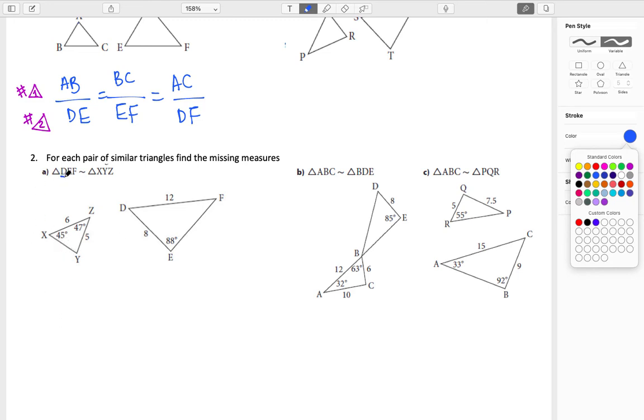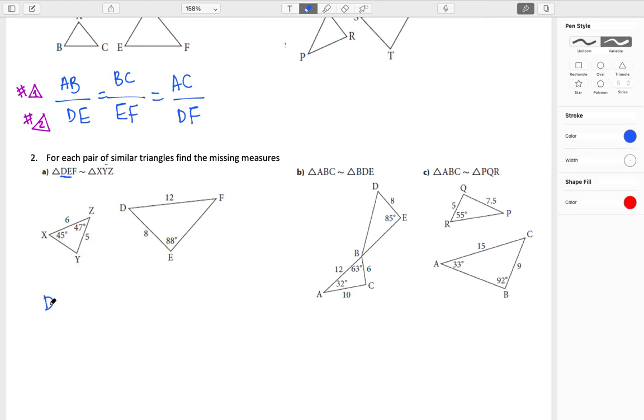So look at the statement. DE is proportional to XY equals EF is proportional to, the last two letters, YZ, and then DF is proportional to XZ. Okay.